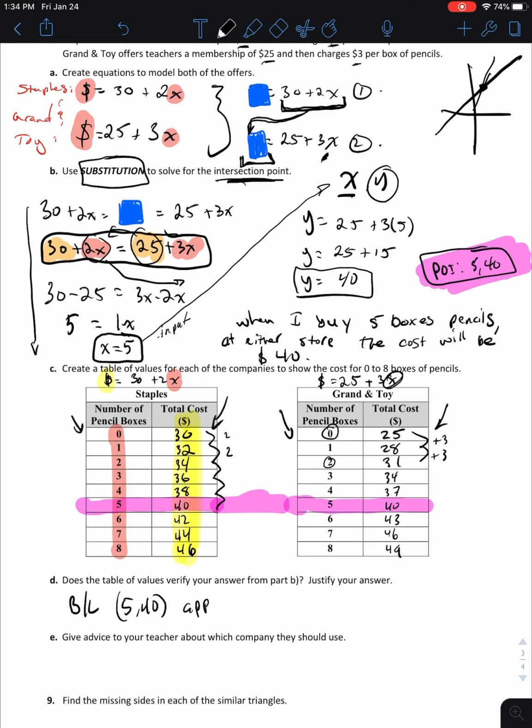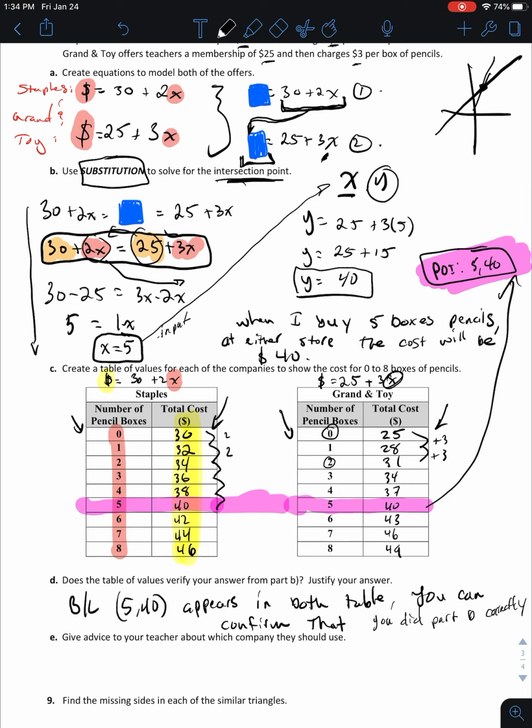Because 540 appears in both tables, you can confirm that it is the point of intersection, but you can also confirm that you did part B right.